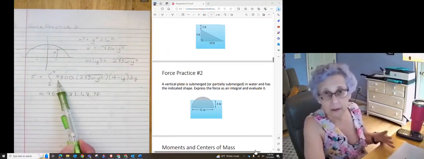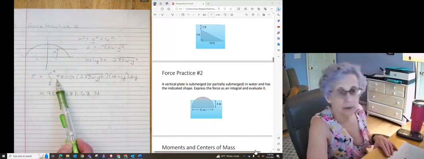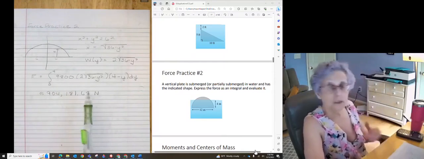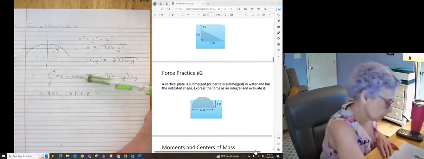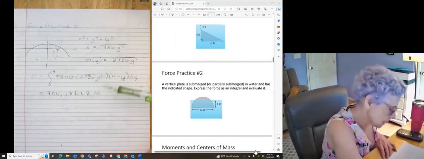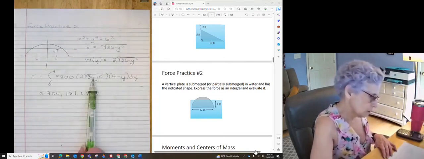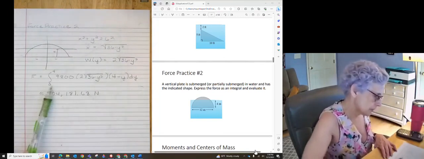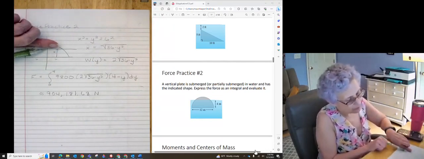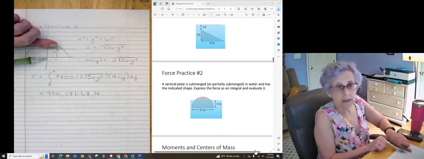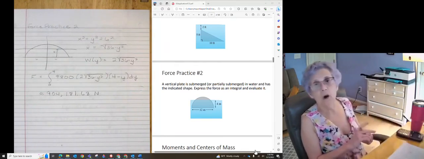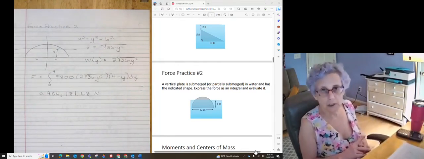We have meters, so I know it's 9.8 meters per second squared for gravity and 1,000 kilograms per cubic meter for density. So width and depth are the same because the water level is below the top of the plate, and we only go from the bottom of the water to the top of the water because that's where the pressure is.